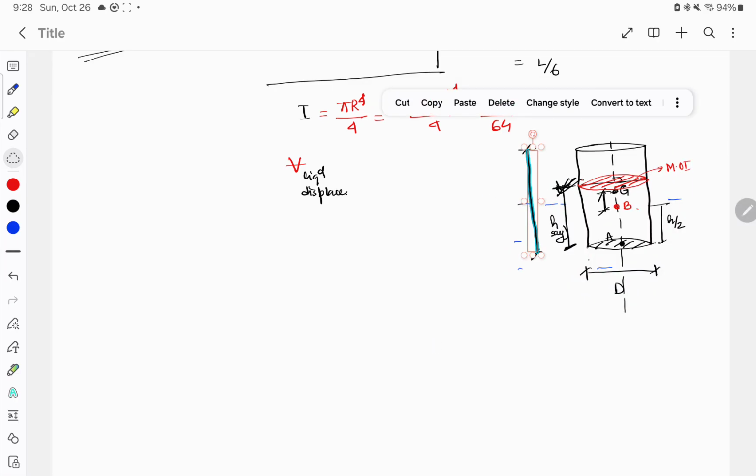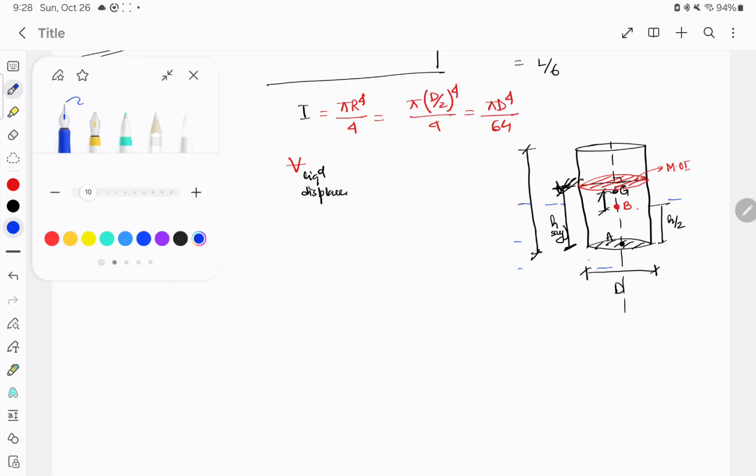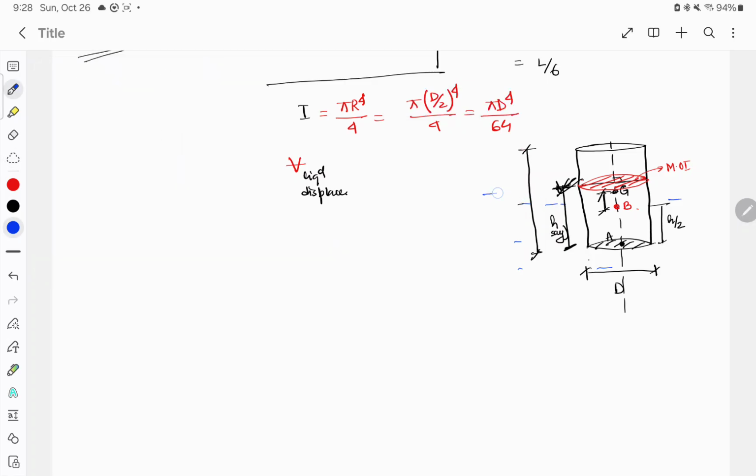My water level was here, so the volume of liquid displaced will be the volume of this, which is the area of this circle into height.